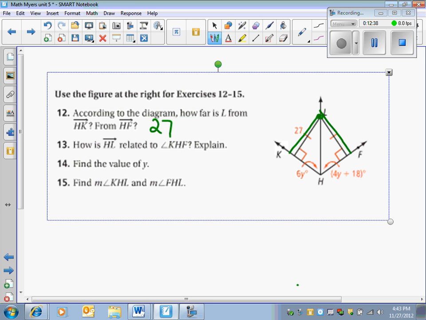Okay. How is HL related to this angle? Well, when I look at HL here, how is it related to angle KHL? Well, I can clearly see that these triangles are congruent because of hypotenuse leg. And if the triangles are congruent, then the parts are congruent. So that would make HL an angle bisector.